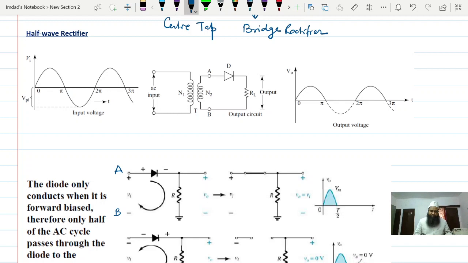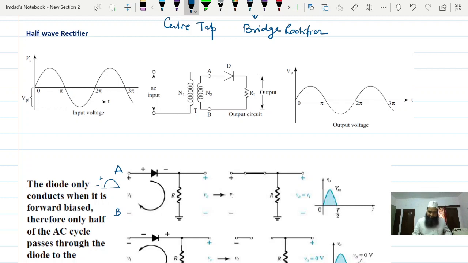During forward bias, we have a voltage like this. This will appear at point A. That is, point A will be positive and point B will be negative. In this condition, the diode will be forward biased. For an ideal diode under forward bias, it behaves like a closed switch.